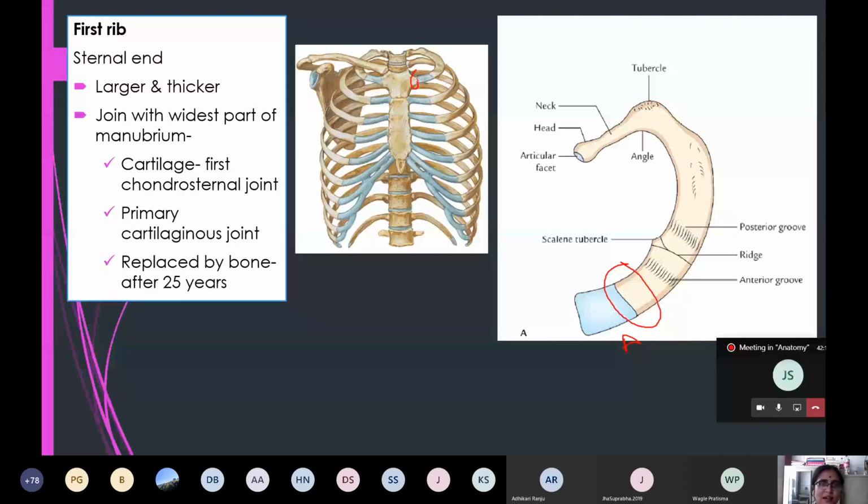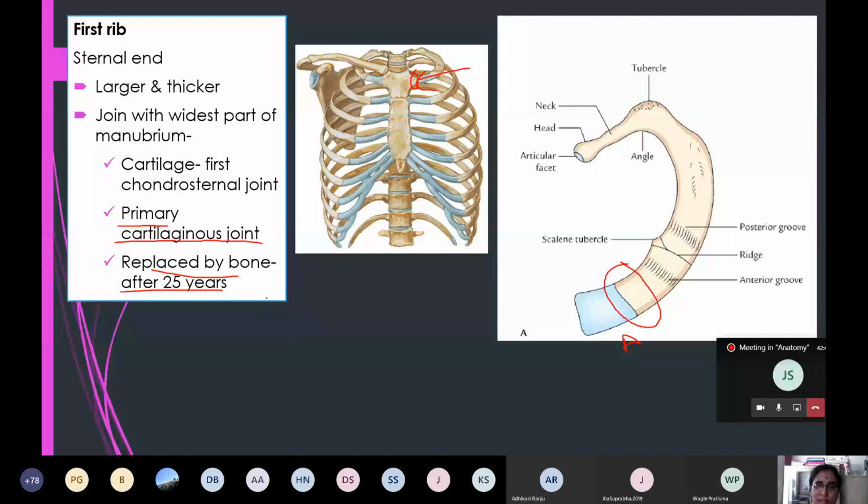What is the type and subtype? The type is cartilaginous, the subtype is primary cartilaginous, and it is replaced by bone after 25 years of age. However, the age may vary slightly depending upon the individual. Okay, this is about the sternal end.